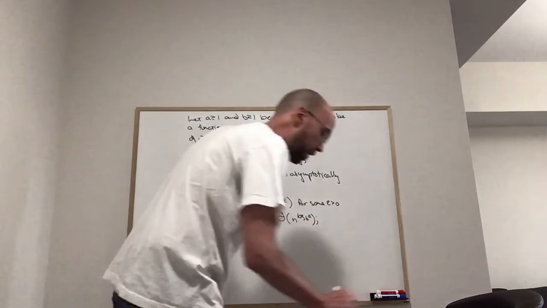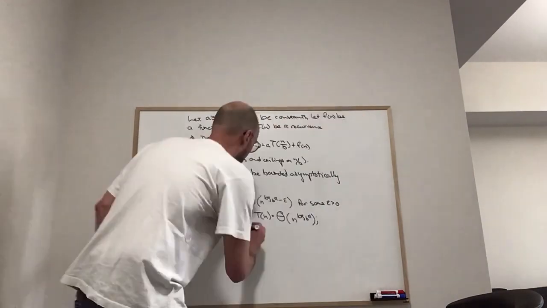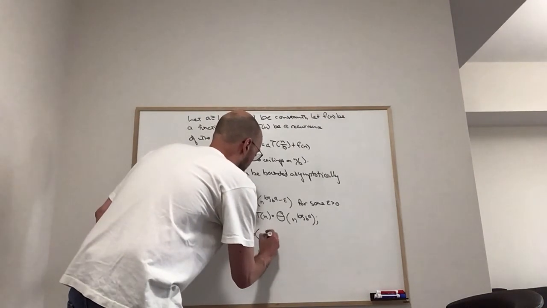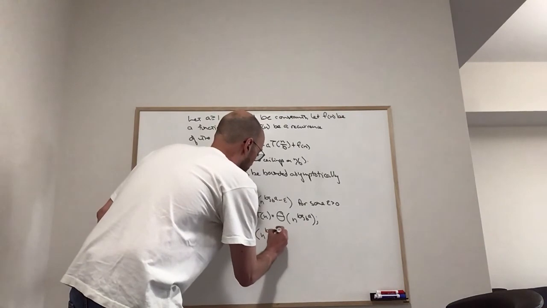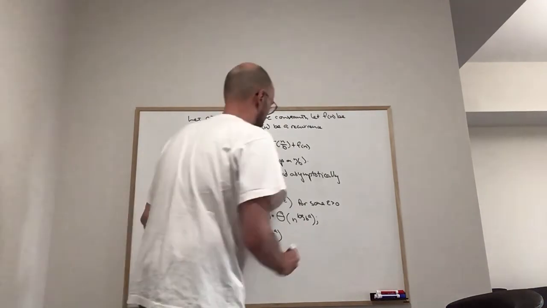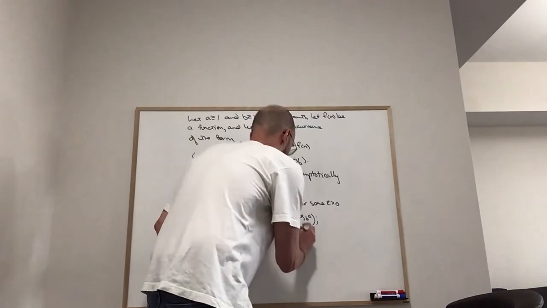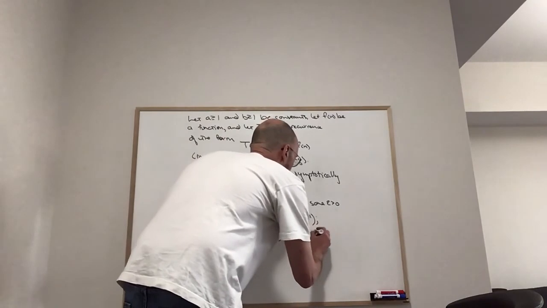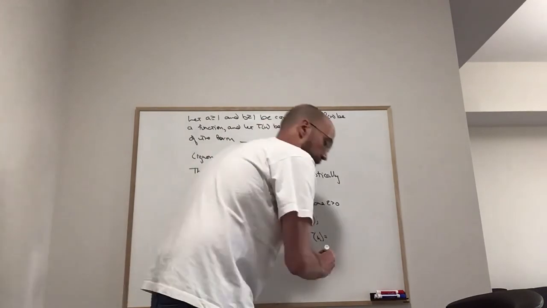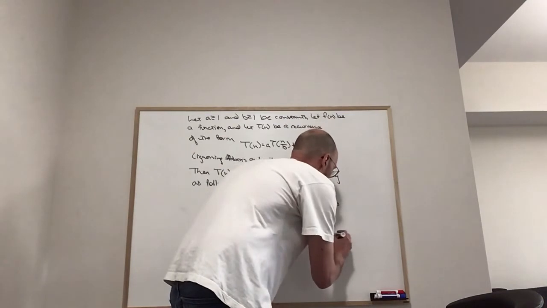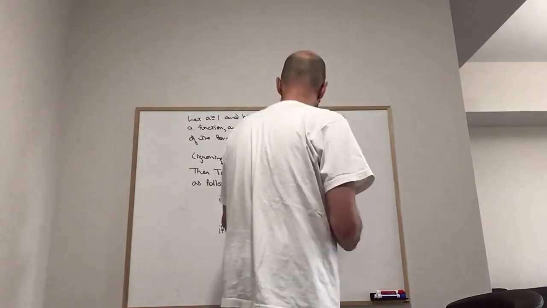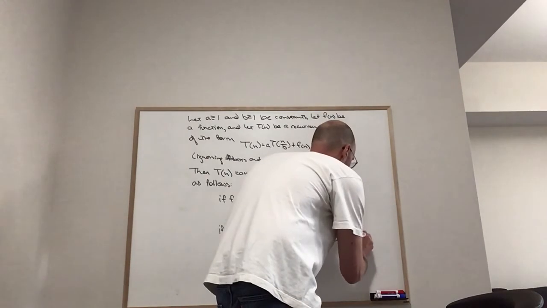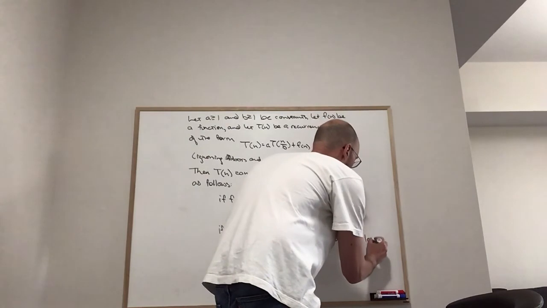Then, if f of n equals theta of n to the log base b of a, then T of n equals theta of n to the log base b of a times log n.